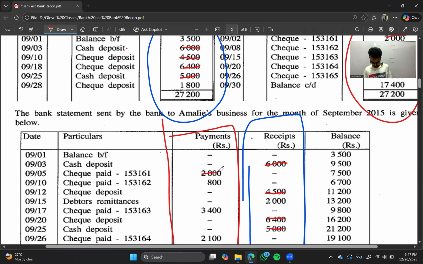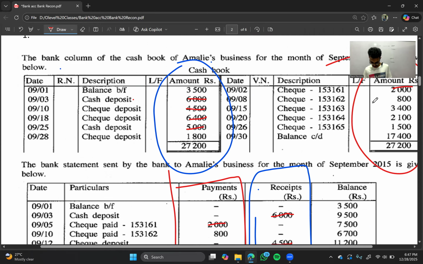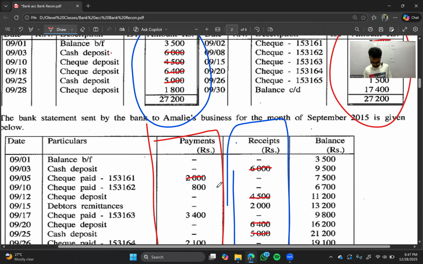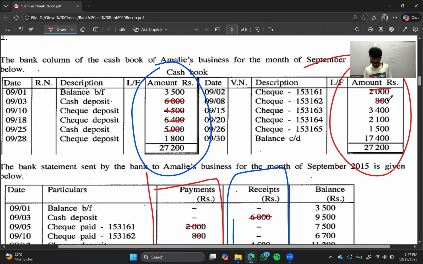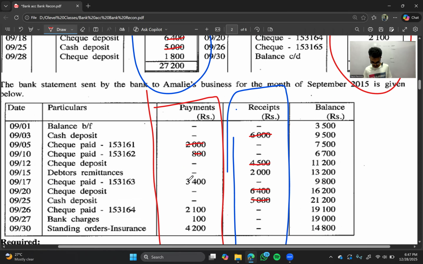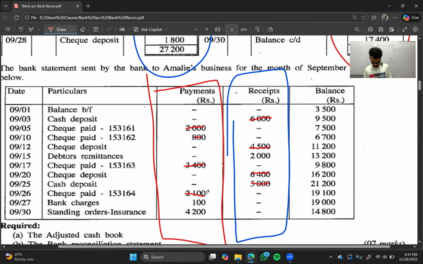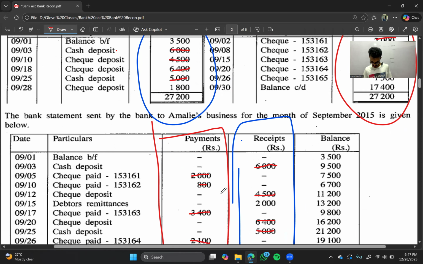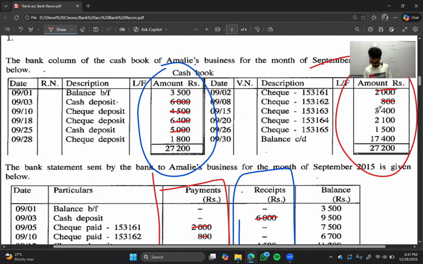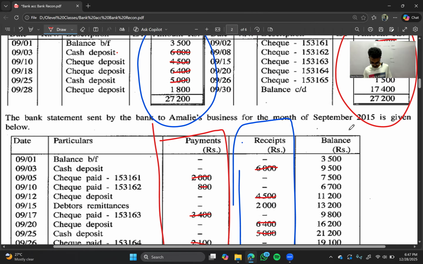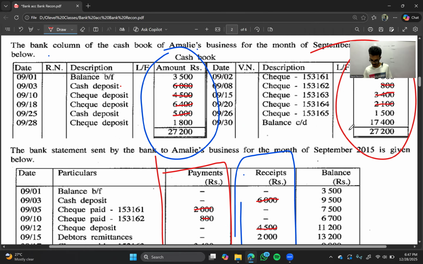And this 2,000 is there. 800 is there. The 800 is there. 3,400, 2,100. Yes. That is there as well. 1,500. Yeah. The 1,500 is missed.